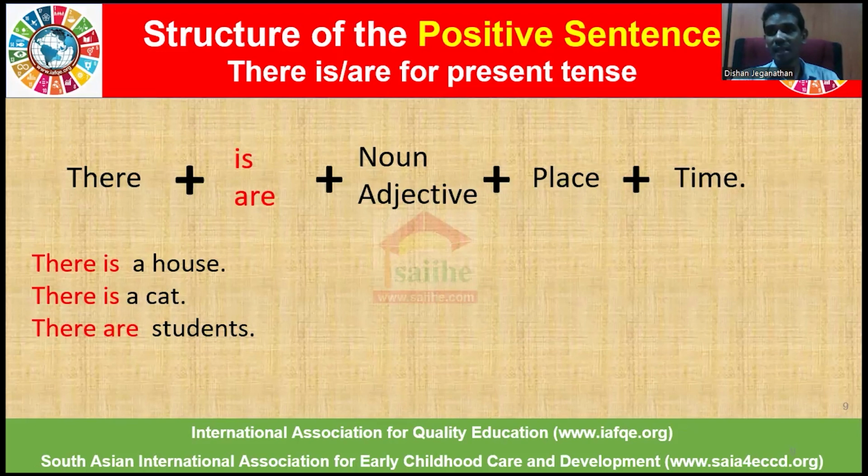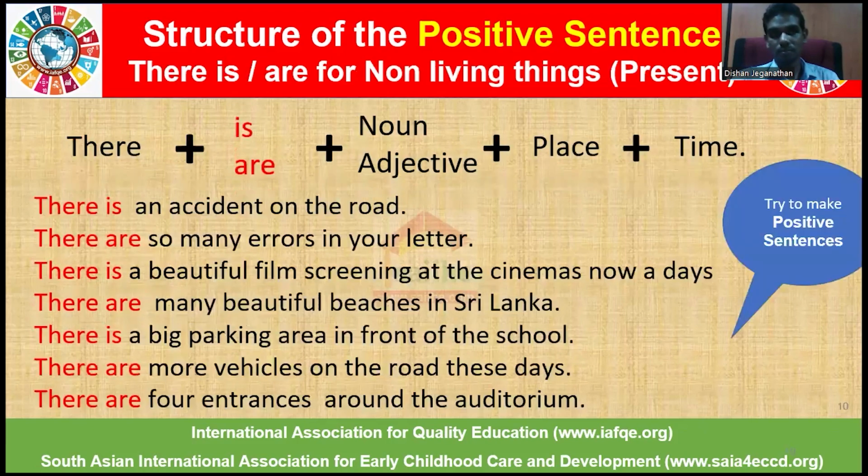When you use there, it is related to pointing, or maybe you're specifically mentioning a particular thing, not about all the cats. There are students. Maybe you could make the sentence as there are students in the class. Here the noun is plural, and therefore we use are with the noun.